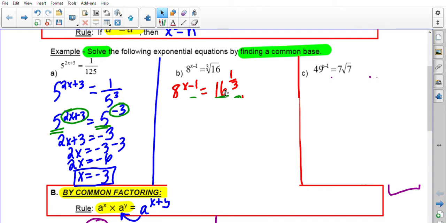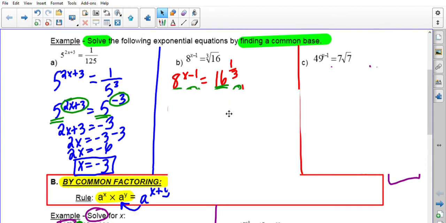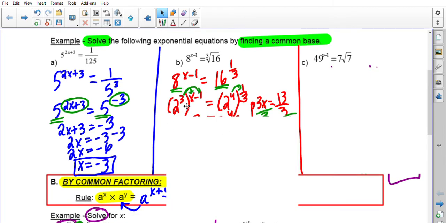So this is where becoming familiar with your powers is going to help out. If we can write 8 as 2 to the 3, and we can write 16 as 2 to the 4, then they have a common base. So it may not always be the ones that just appear there. So we're going to write 8 as 2 to the 3, and that is all to the x minus 1 still. 16 is 2 to the 4, and remember that whole entire thing is raised to 1/3.